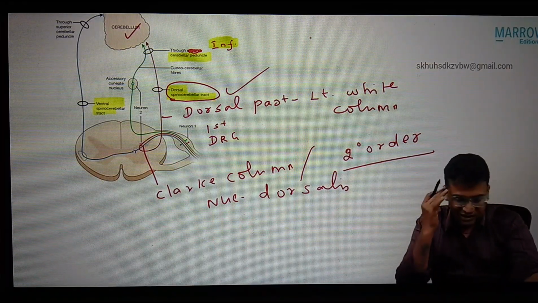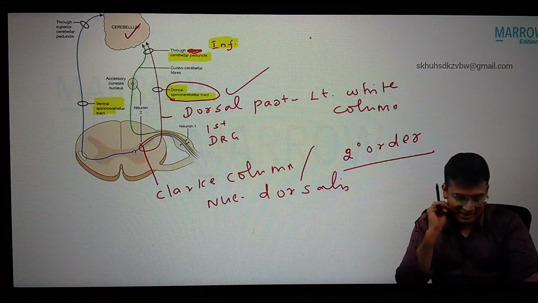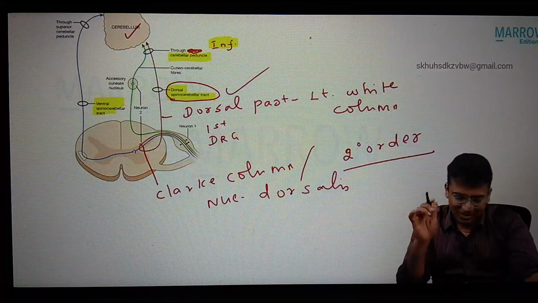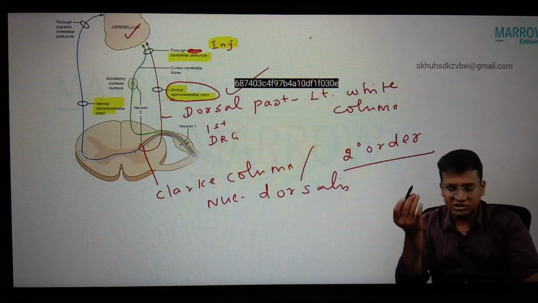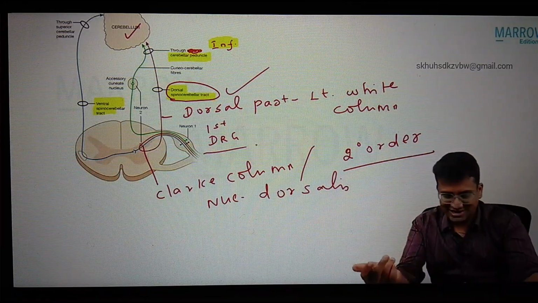Clear? Right. Now next, the ventral spinocerebellar tract. Again, the first order neuron is from the dorsal root ganglion and the second order neuron is from Clarke's column or nucleus dorsalis.